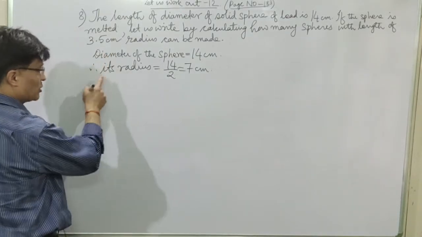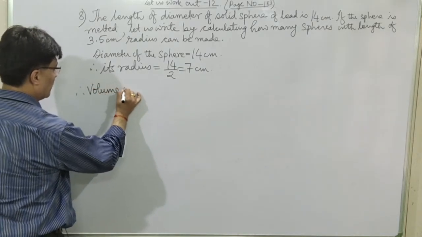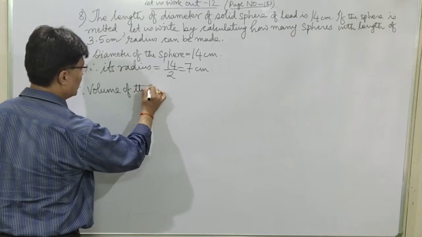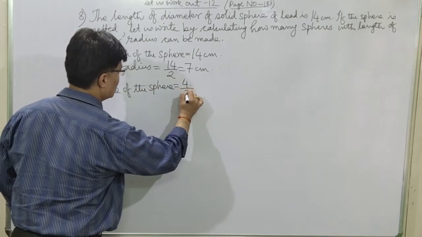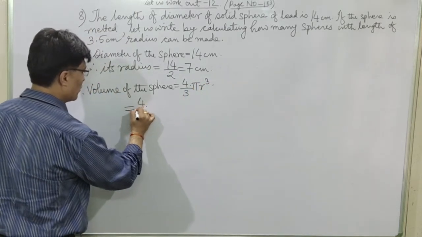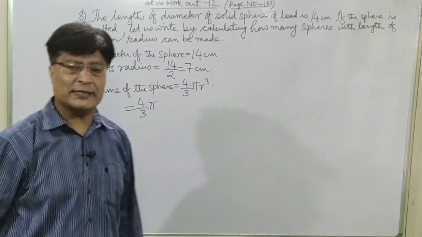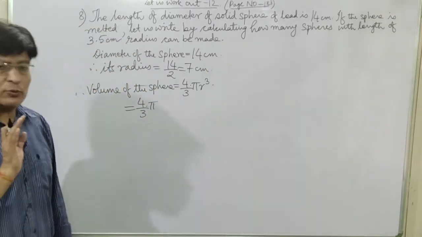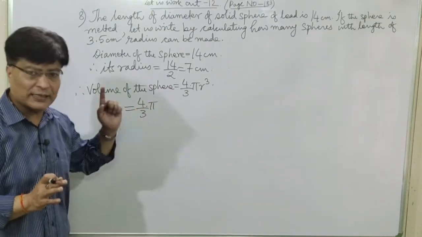भनेको त भोल्युम निकालिहाल्नु यसको पनि। So therefore volume of the sphere is equal to, what is the formula? It is 4/3 pi r cube is equal to 4 upon 3 pi. Keep it as it is. Don't put the value of pi, that is 22 by 7, because it will be easier for you to simplify it if you keep it as pi.